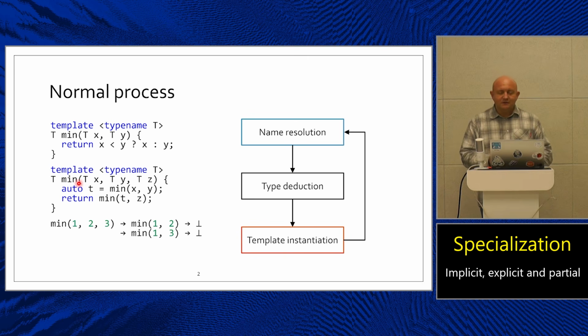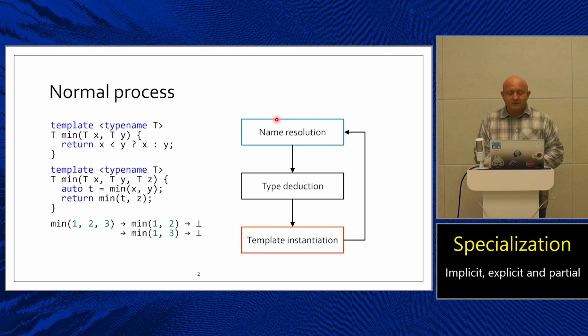It's worth noting that elements like type aliases are resolved very early on, and aren't shown in this diagram, like it's the start of name resolution. Name resolution is a combined term from name lookup and overload resolution, and type deduction is a combined term from type deduction and type substitution.